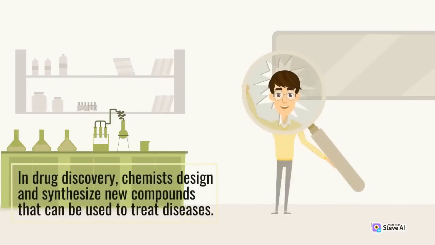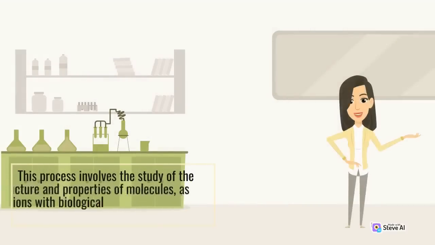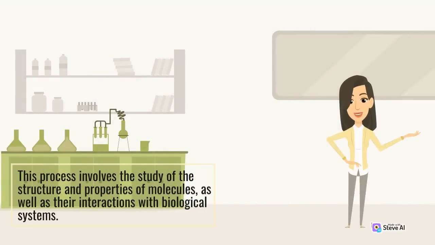In drug discovery, chemists design and synthesize new compounds that can be used to treat diseases. This process involves the study of the structure and properties of molecules, as well as their interactions with biological systems.